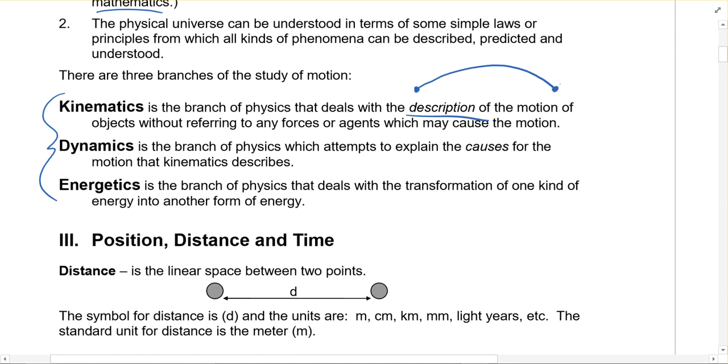Dynamics, which is going to come next, is the causes for motion, so really forces. We're going to talk about force being a cause of motion. And then energetics, that's similar to Science 10 when you learned about work, kinetic energy, potential energy, and the transformation between kinetic and potential energy. So that's what's to come.